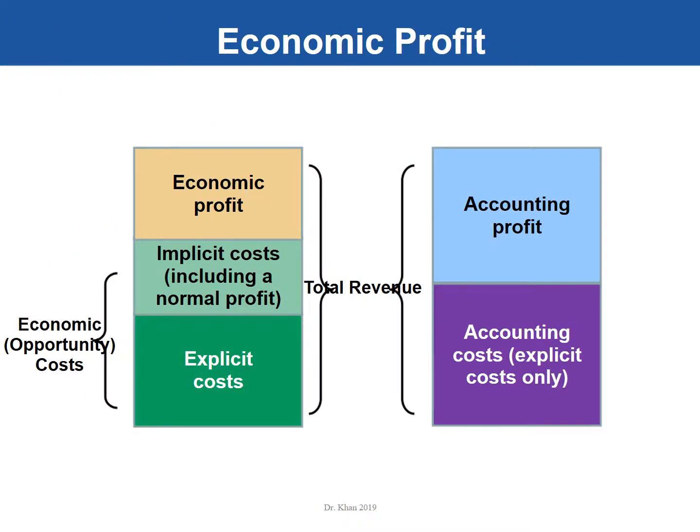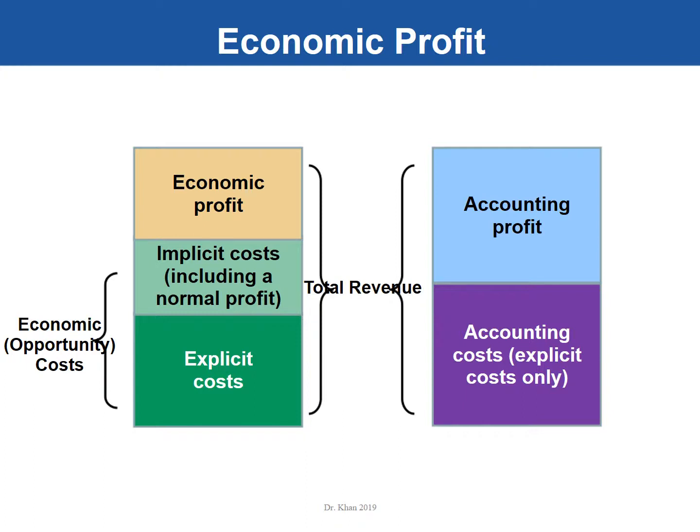And in this graph, we clearly see it, where on the accounting profit calculation, we have this total revenue and minus accounting cost. That gives us this greenish blue shaded box called accounting profit.